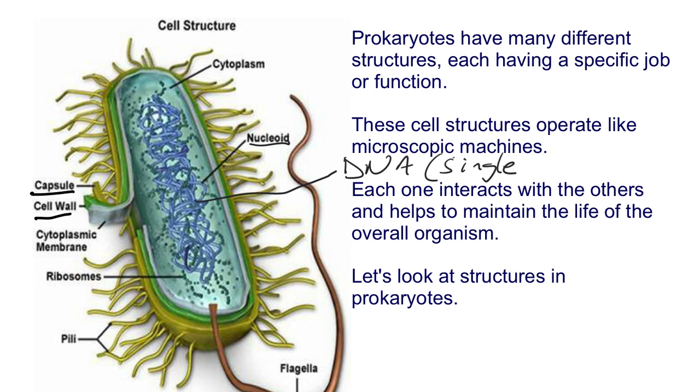It doesn't look like a circle because it's all tangled up. There are ribosomes. That's the only organelle that prokaryotes have. All of them have cytoplasm. Cytoplasm is really cytosol and everything in it, like the DNA and the ribosomes.